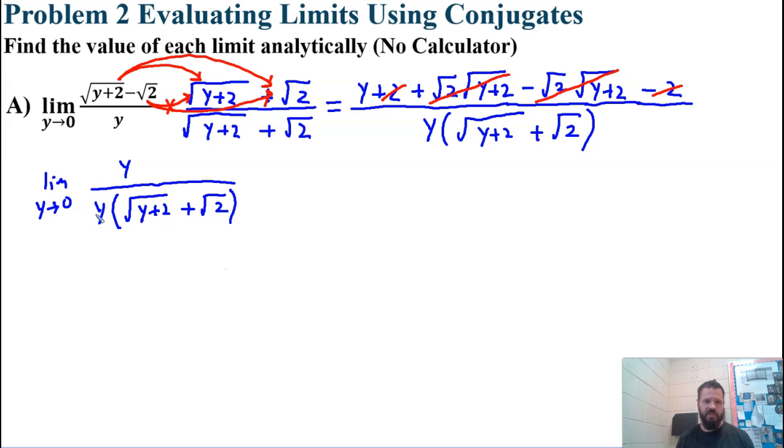And we still have division by 0, but notice in this case the y's will cancel. So finally what we can do, we got rid of that division by 0 issue, is we could write this as the limit as y goes to 0 of just a 1 on top, all right, over root y plus 2 plus another root 2.